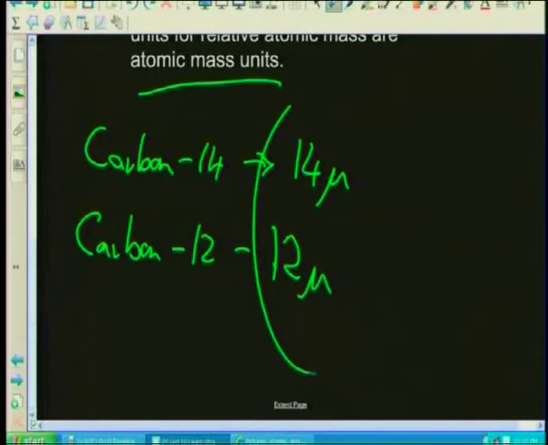What we're going to need to do is try and get an average of those. To get an average, we can't just add them up, because we need to recognize that in some elements there are different numbers of things that have a mass of 12 and a different number of things that have a mass of 14.